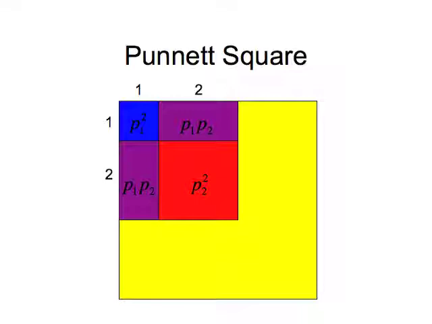Then the probability of an individual having allele pair 1, 1 would be p1 squared, as shown in the blue. And similarly, for the homozygote allele pair 2, 2, that value is shown in red as p2 squared. Now for heterozygote values, 1, 2, those can be inherited in 2 different ways depending on the ordering of the parents, and those are shown here in purple. So there are 2 ways of having p1, p2 for a total of 2 times p1, p2.